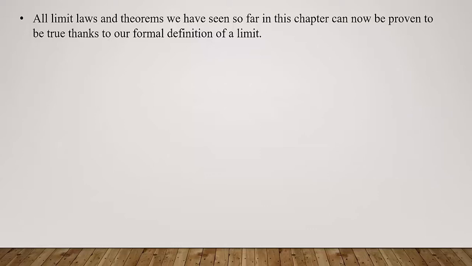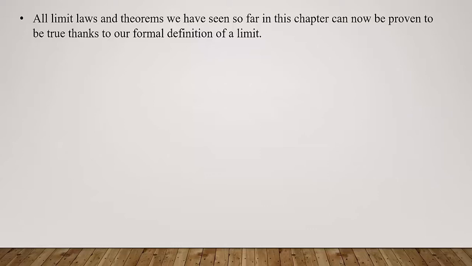In fact, the two guys that are credited with discovering calculus, Isaac Newton, he was an English dude, and Leibniz, he was a German dude. They kind of discovered it at the same time, independent of each other. They did not have a good definition of a limit.